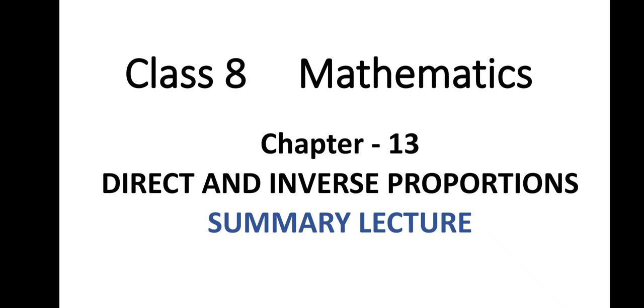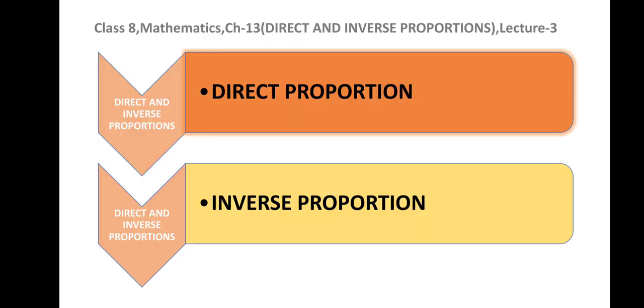This is mathematics class of grade 8 and this is my summary lecture of chapter number 13, direct and inverse proportions. Dear children, as you all are well aware, this chapter mainly consists of two concepts. First is direct proportion, second is inverse proportion.